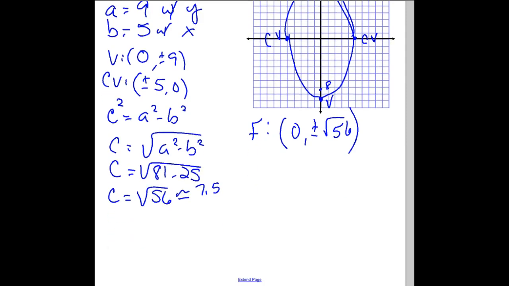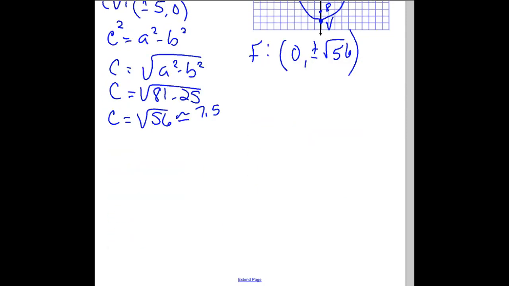All right, if I said to define A, B, and C, could you do it? How do we define A? A is distance from, you just used it to graph it. A is the distance from the center point to a vertex, yes? B is the distance from a center to covertex.